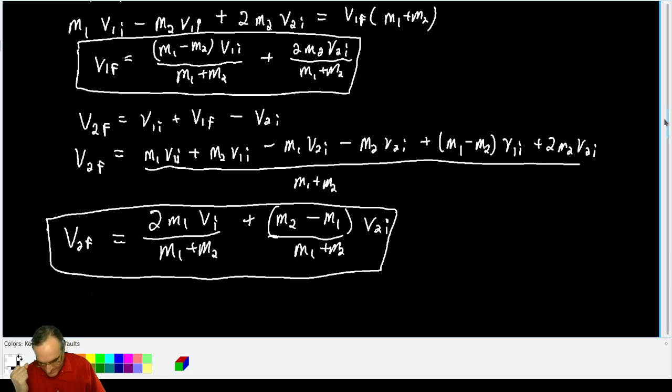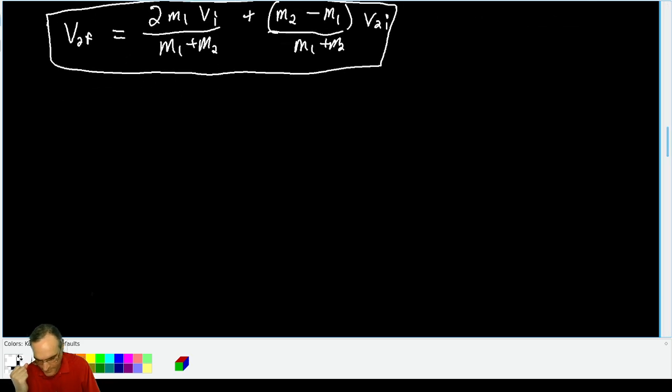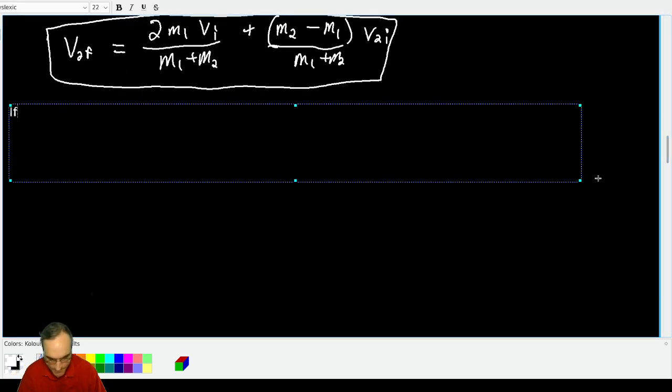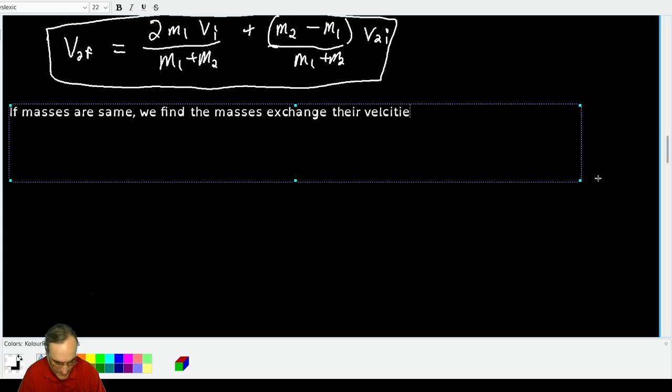So if the masses are the same, we find the masses exchange their velocities on colliding. That's pretty neat.